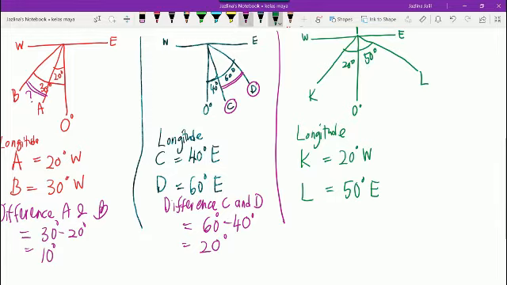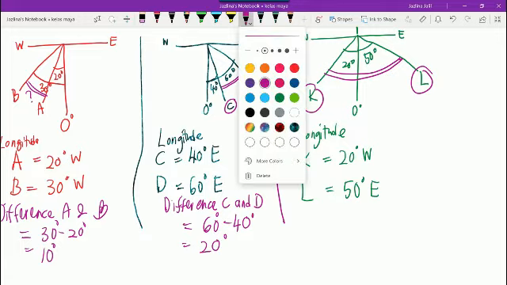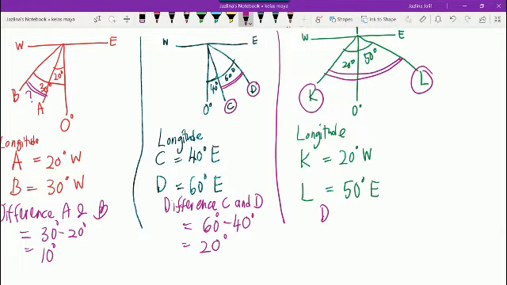Now what is the difference between this K and L? The difference is this. So how are you going to do it? Yes, you have to plus. Means the difference between K and L will be equal to 20 plus 50 degree. So the difference is 70 degree.